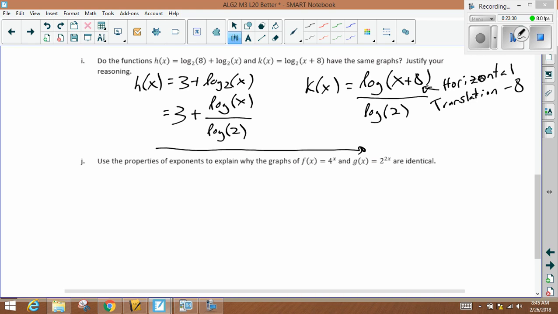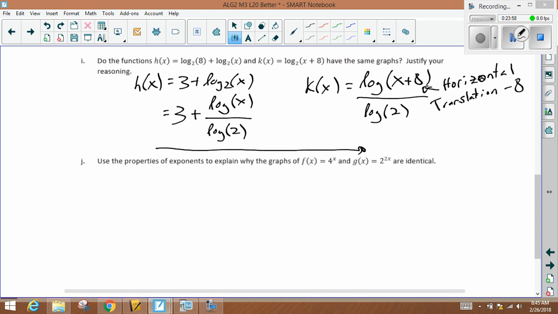And that's really the new information that we got out of that. Because that one has a vertical translation of 3. But also you've got to look at that horizontal translation. So you have to look at both of them. It was transformed twice. Alright.